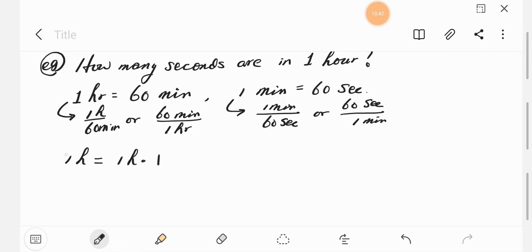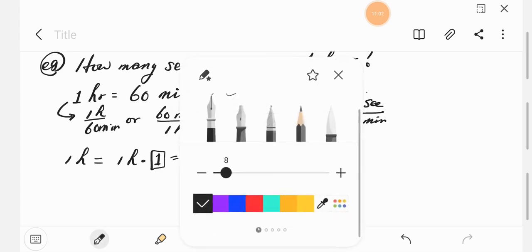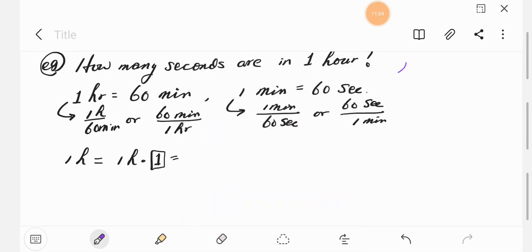Then this 1 will be replaced by a conversion rate. First, we need to convert from hours to minutes, and then minutes to seconds.